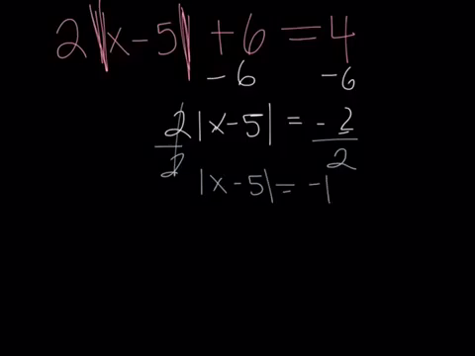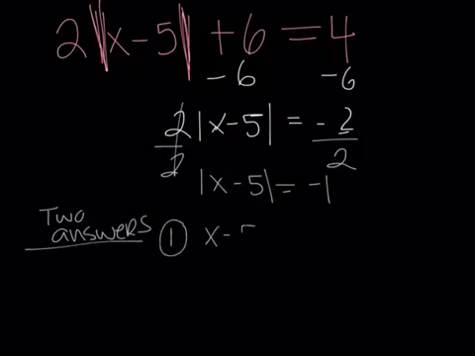All right, so we're almost done. So in the first slide, I told you that no matter if you take the positive or the negative version, you're always going to get 2 answers. So because of that, you're also going to have 2 answers when you solve. So here's the first situation. You're going to have x minus 5 equals -1.